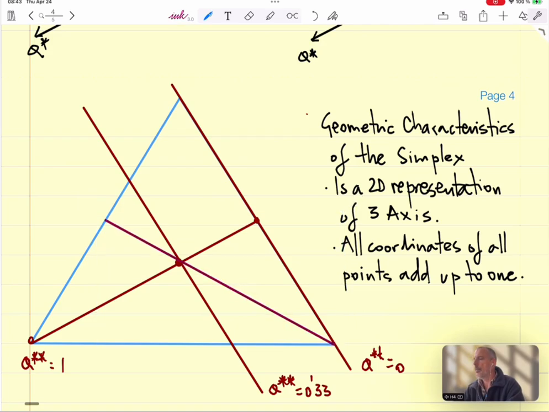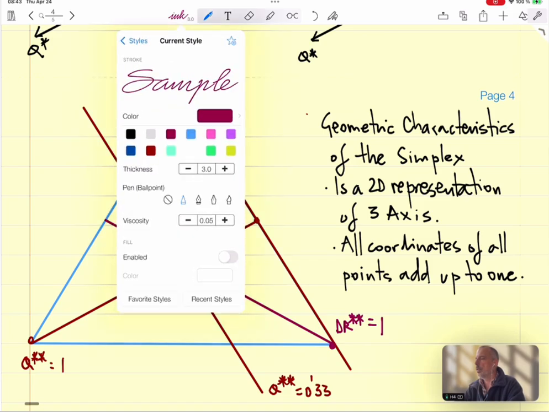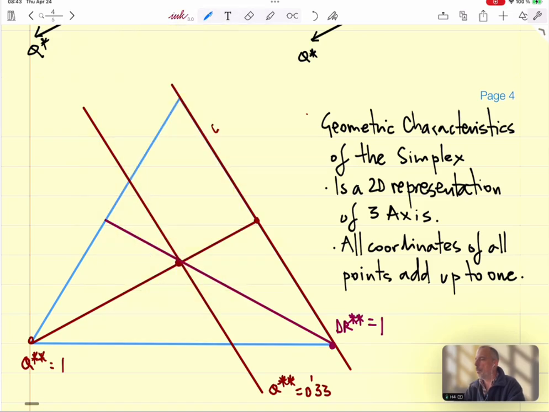This is the delivery rate. This point has delivery rate star star equal 1. This point has delivery rate 1.